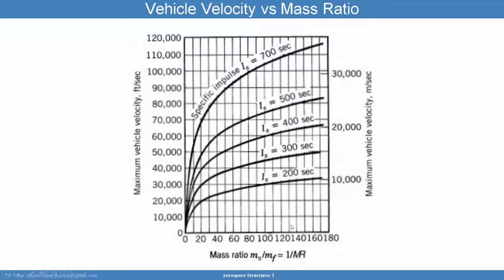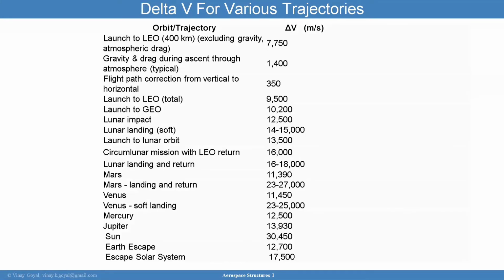And so notice how this ratio becomes important in the ISP to be able to determine the maximum velocity of the vehicle. So the delta V for various trajectories is quite important. If you want to go to low Earth orbit, you're looking at needing 7,750 meters per second. If you're looking at just gravity and drag during ascent through the atmosphere, 1,400.